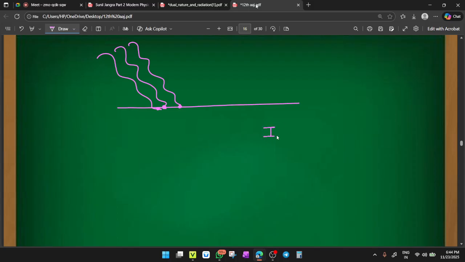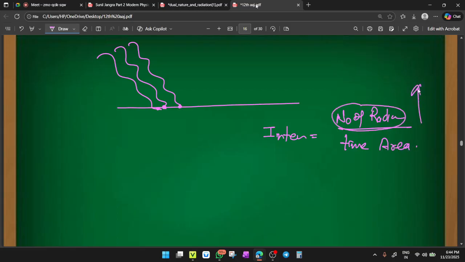What is intensity? Intensity of radiation is equal to the number of radiations per unit time per unit area. Clear? So as you increase the number of radiations in a unit area in a unit second, say in the place of 3 you have taken 5 radiations, this means there will be exposure for 5 electrons, right?